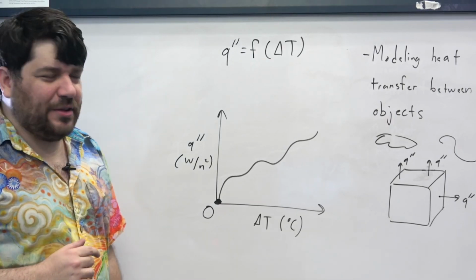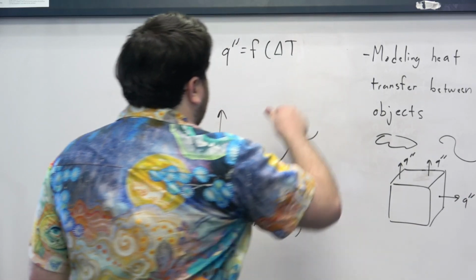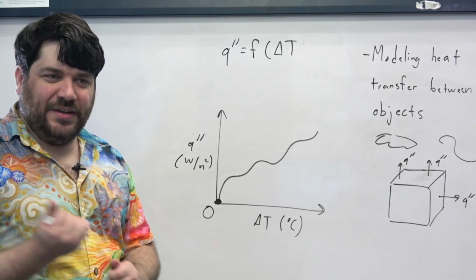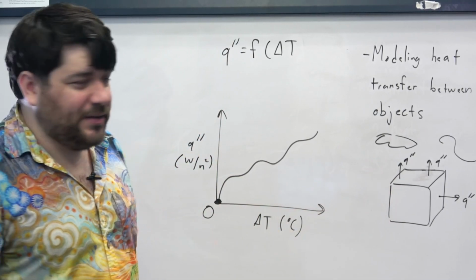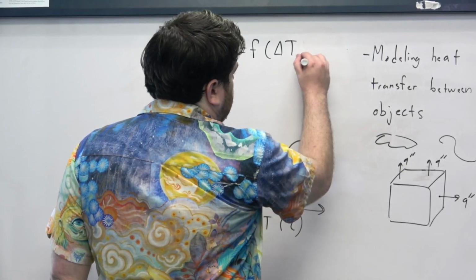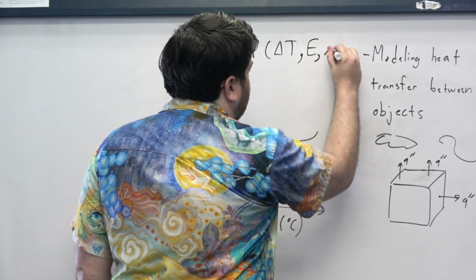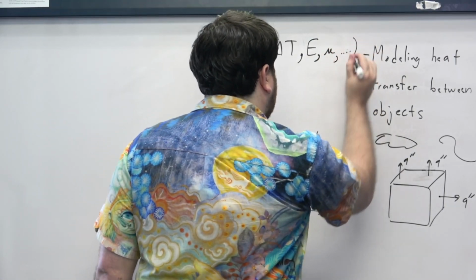But there's a couple of other things that we can observe, and they're just going to make things even more confusing, right? Which is that there's no reason that this function should only be of temperature difference. It could depend on the properties of the object or the atmosphere. It could depend on, I don't know, the Young's modulus of the object. It could depend on the viscosity of the surrounding liquid, all kinds of different things.